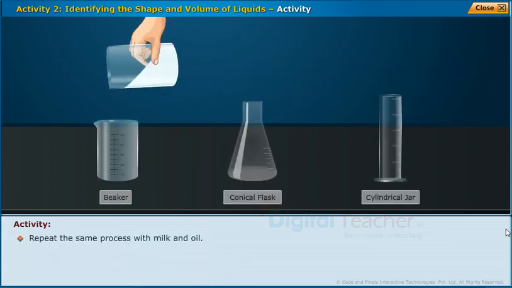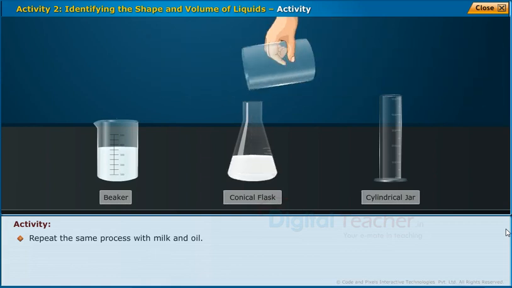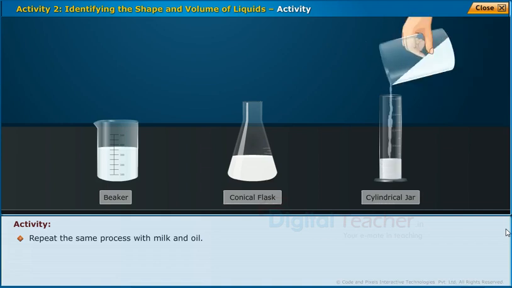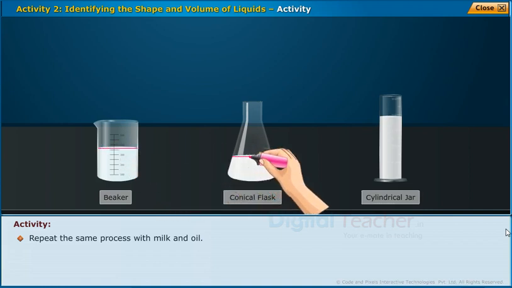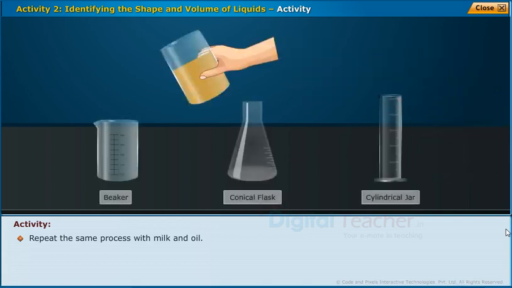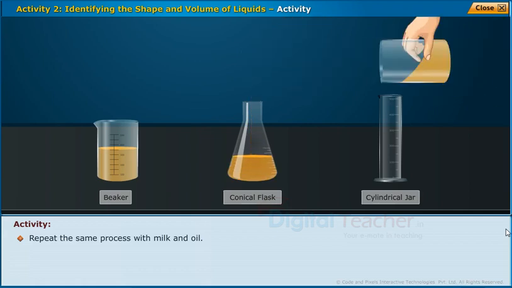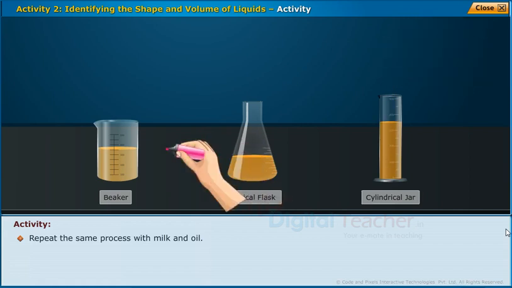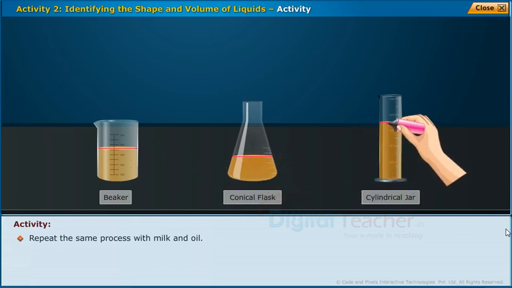Repeat the same process with milk and oil. Observe the shapes.